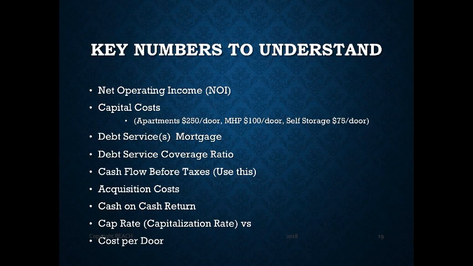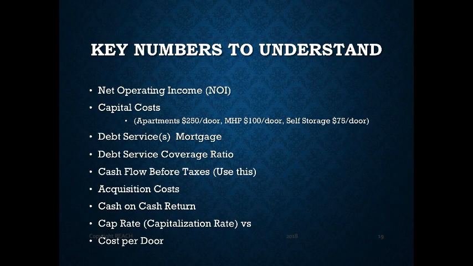If you take what is left at the end of the year for the net operating income, so for your yearly net operating income, you divide that by the cost of the property. This is not the acquisition cost. This is what they're selling the property for. So that's going to give you your capitalization rate.